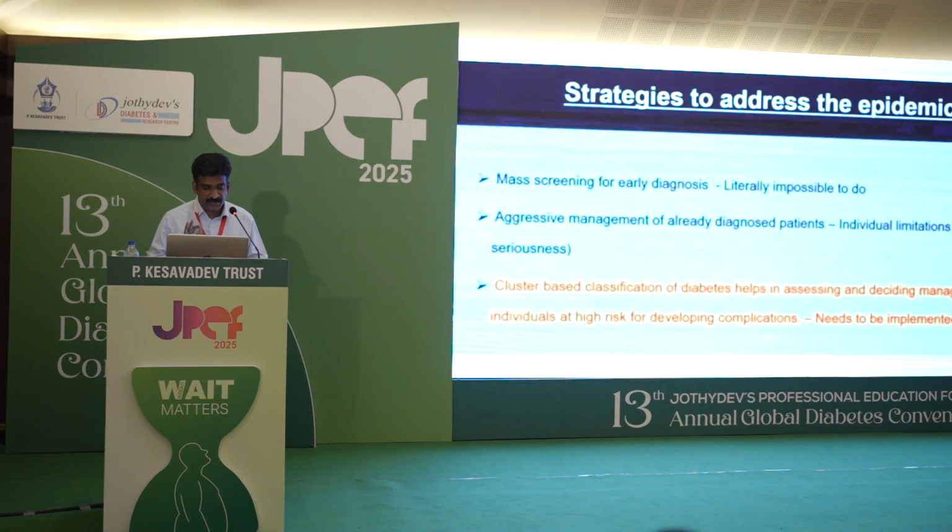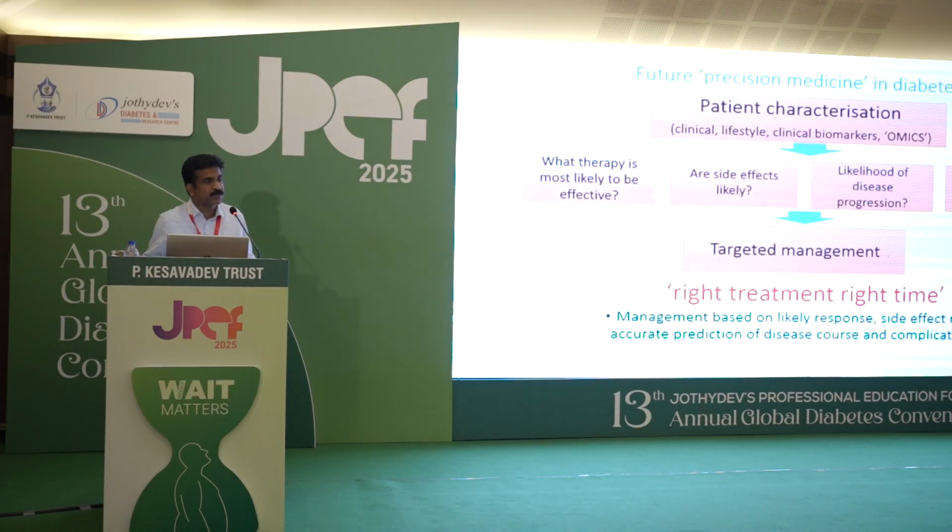So by just looking at the patient, we can understand whether the patient has predominant insulin resistance or insulin deficiency. Keeping this in mind, over the last couple of years, scientists all over the world have tried to cluster type 2 diabetic patients into different subgroups based on the varying aspects of insulin resistance and insulin deficiency.